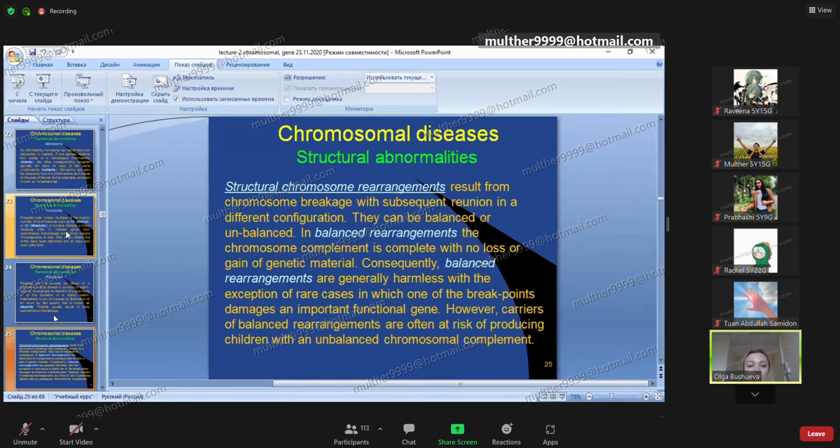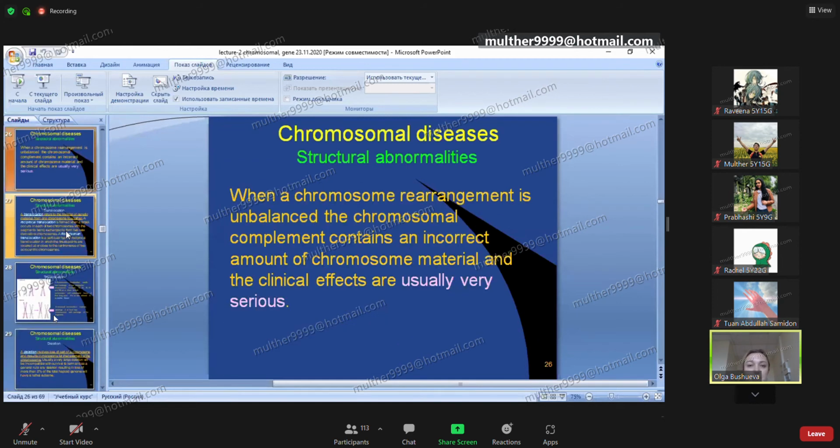However, carriers of balanced translocations are often at risk of producing children with an unbalanced chromosomal complement. When a chromosome abnormality is unbalanced, the chromosomal complement contains an incorrect amount of chromosome material, and the clinical effects are usually very serious.